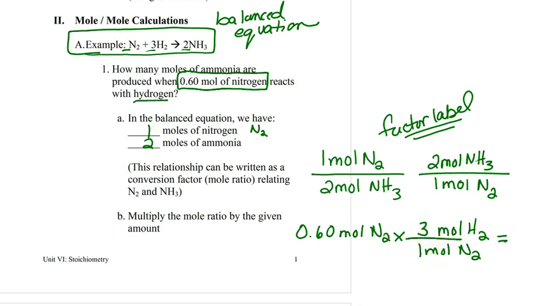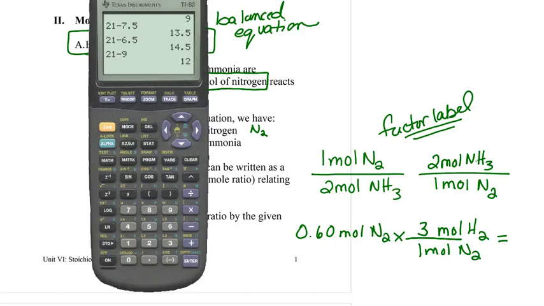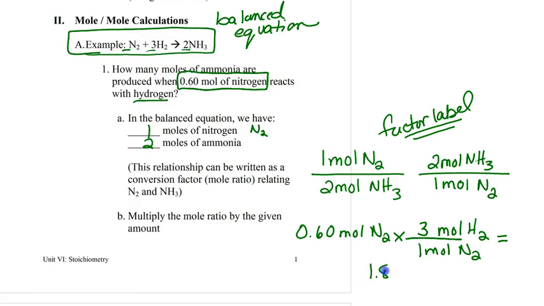So I would just simply take 0.6 times 3 to find out how many moles of hydrogen I would need in order to make that amount of ammonia. And let me pull up my calculator here. So that would be 0.6 times 3, and that would equal 1.8 moles of hydrogen.